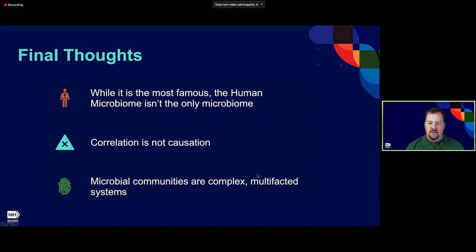And finally, microbial communities are complex, multifaceted systems. They're difficult to study, but we're starting to get a handle on it. We're starting to understand how we can intervene with things like fecal microbiome transplants.